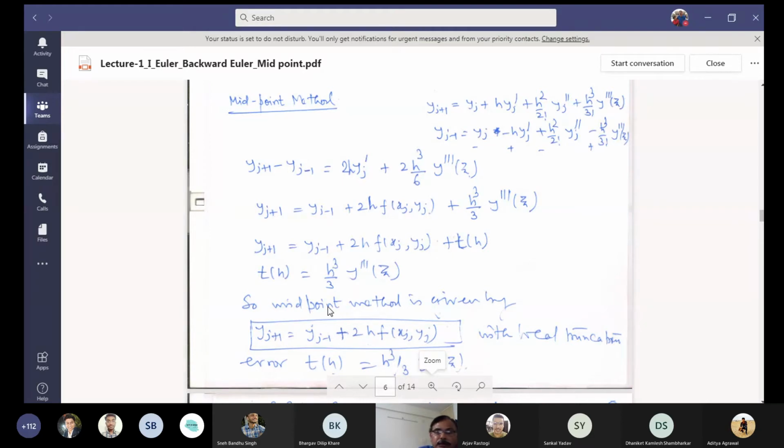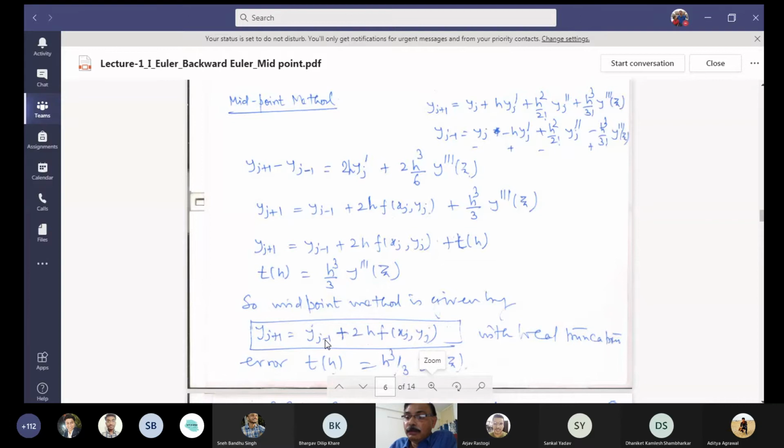Now, you just try to observe here. Write the equation for j equal to 0. Everybody, just write the equation for j equal to 0. It will be what? Anybody can tell me? For j equal to 0, the y minus 1 will come, that is beyond your domain.